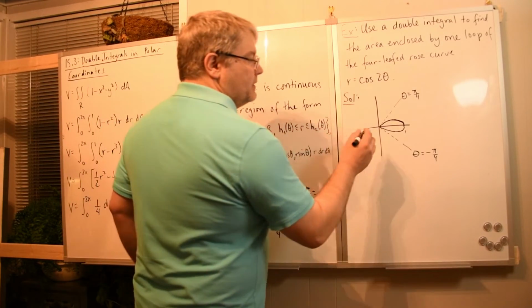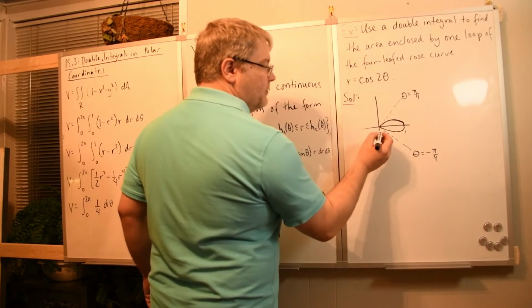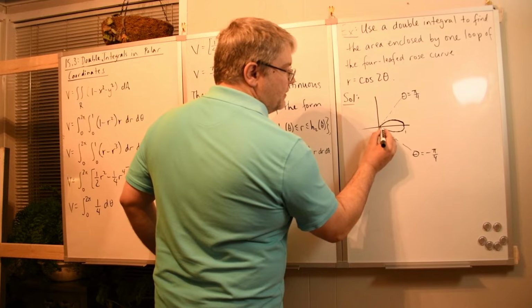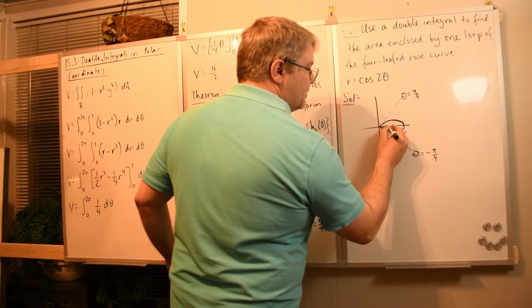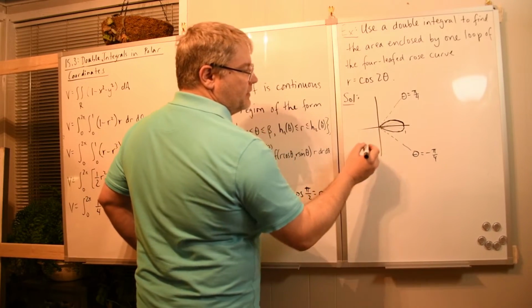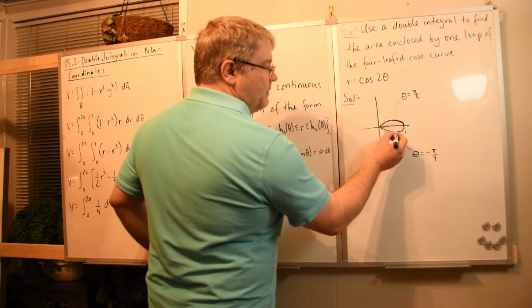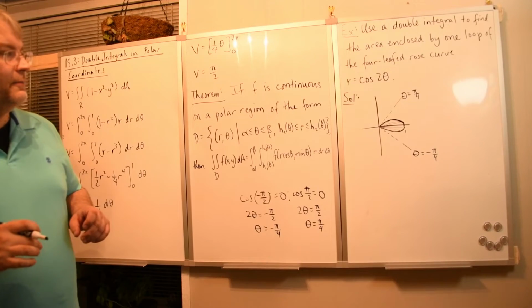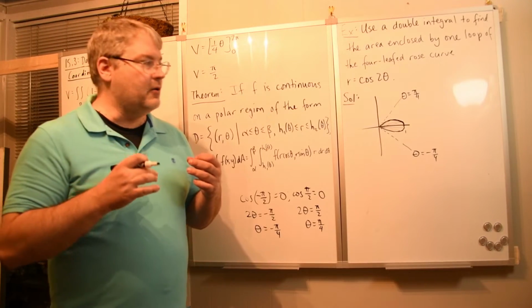So we don't really want to think of our region bounded that way because it's incorrect. However, notice that as theta ranges from negative pi over 4 to positive pi over 4, if you take a look at different radial lines in between, the different r values you get along those radial lines are going to vary all the way from 0 to 1. So different radial lines are going to have different bounds on r. Well, what's the common theme, though? What is that upper bound?